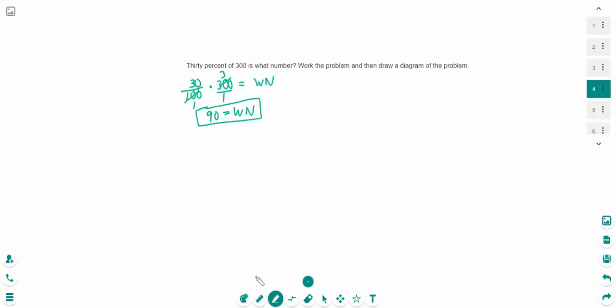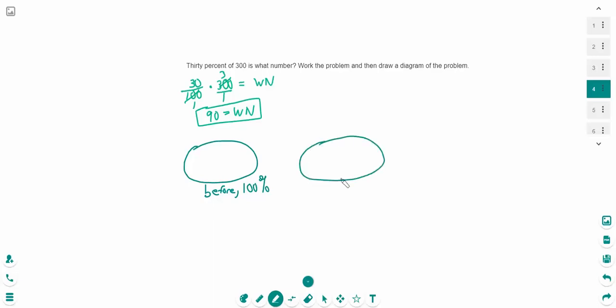All right. Now let's draw that wonderful diagram. So we've got our before bubble, or 100% bubble. And then we've got our divided bubble, or our after bubble. Okay, and what do we have as our before?